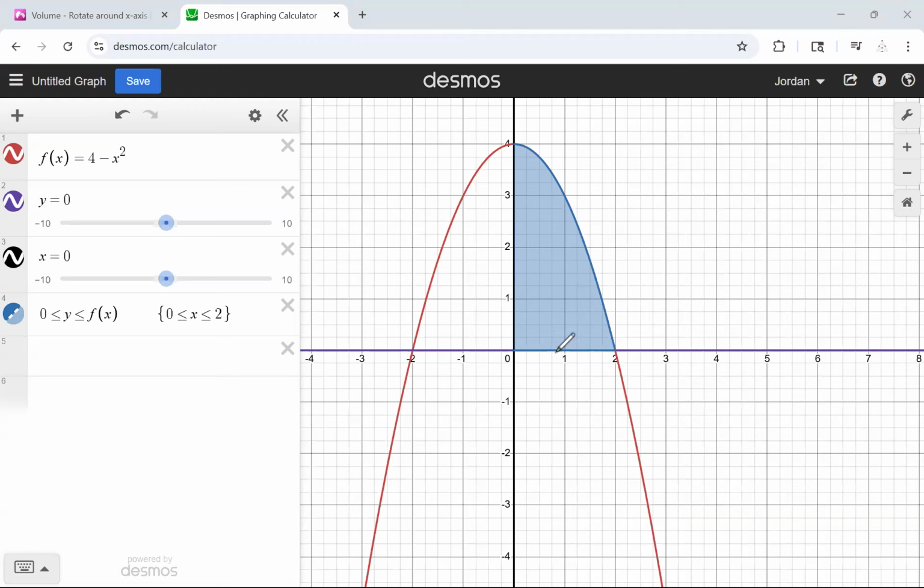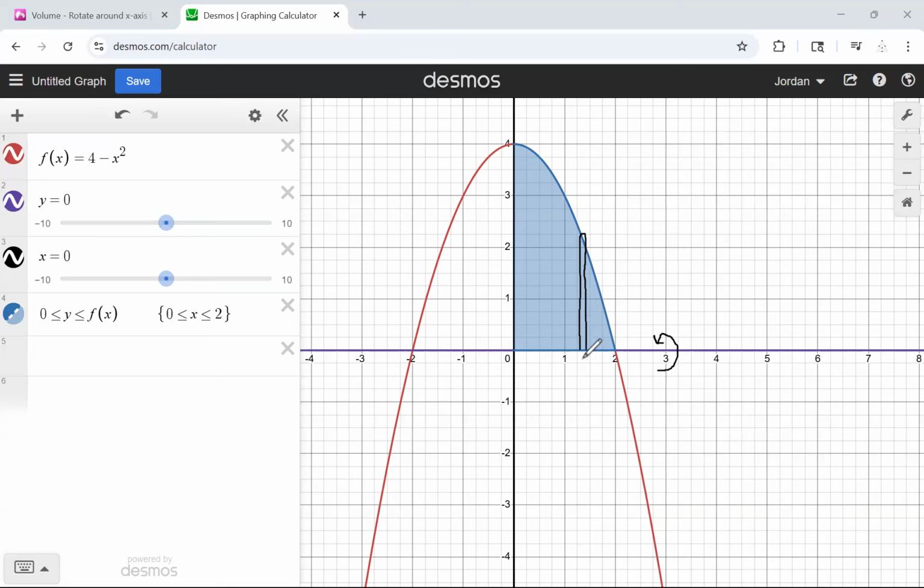Because I'm using the disk method, because we're rotating it around the x-axis, the x-axis is horizontal. And so the rectangles that we're going to use are going to be vertical.